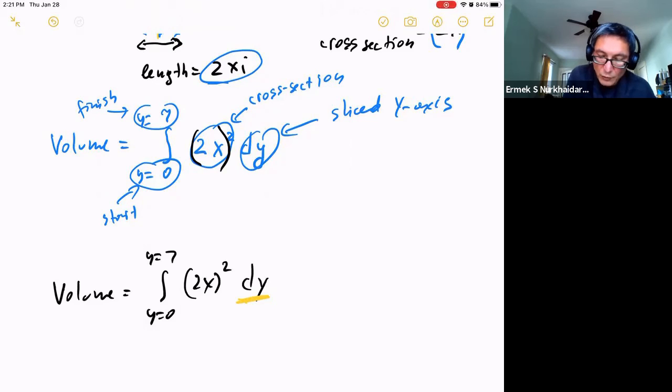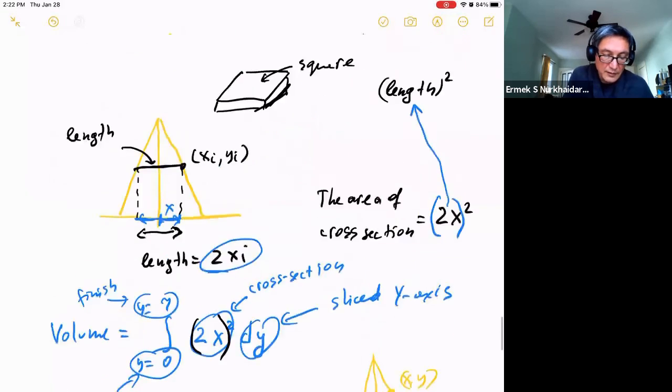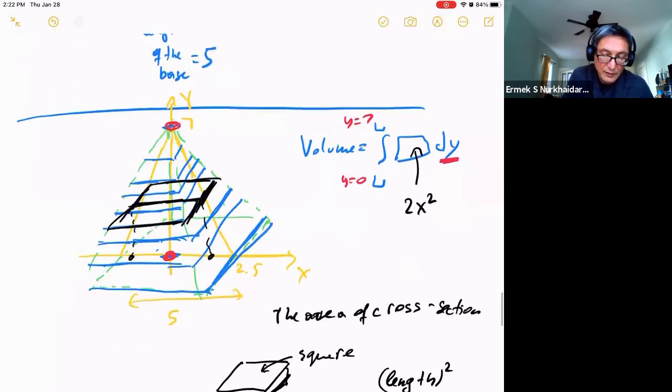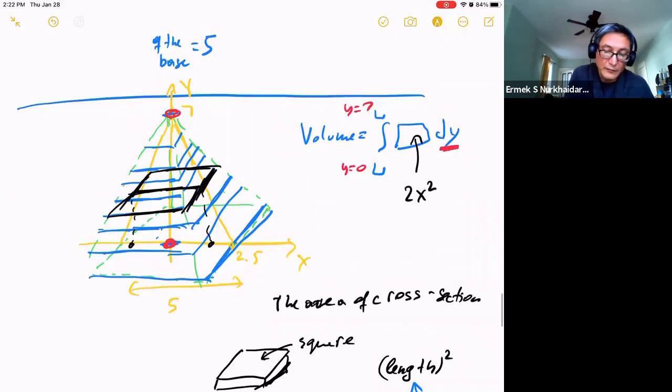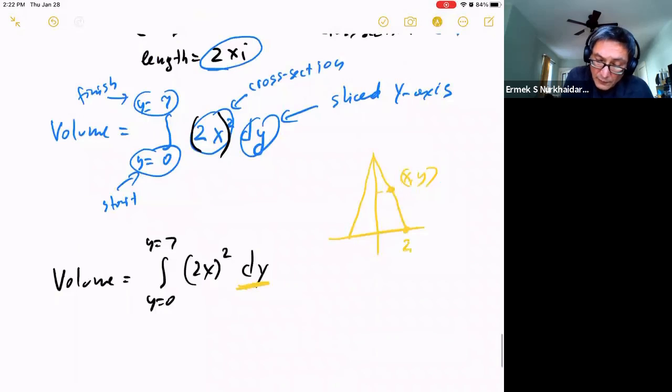So let's look at the picture one more time. That x is here. This point has coordinates x and y. On the bottom, we had 2.5. On top, we have 7. So 2.5 and 7.